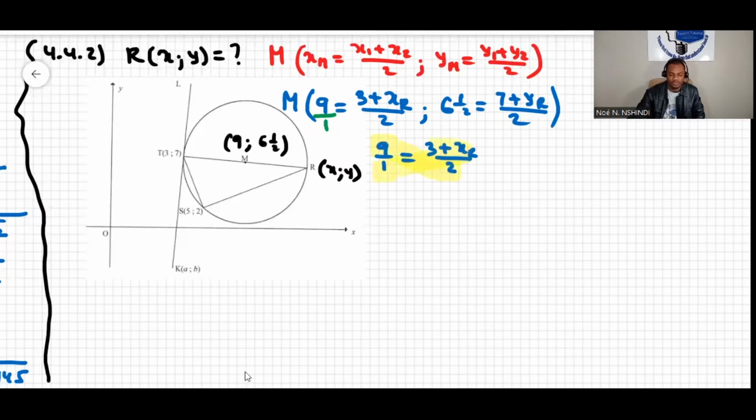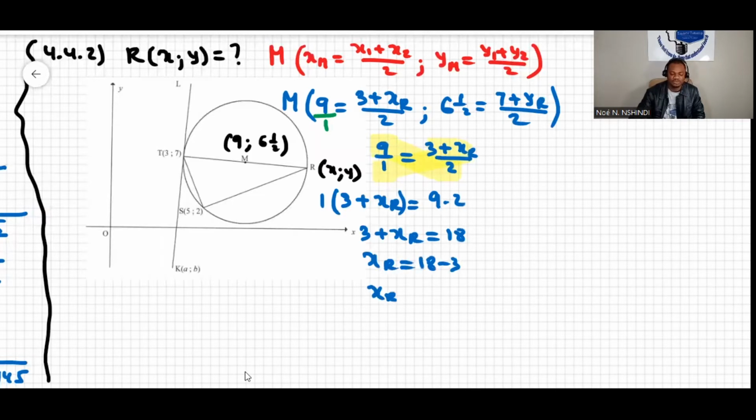So this will make what? 3 plus xr equal to 1 times... equal to 9 times 2. So that makes 3 plus xr equal to 18. If I move the 3 over, that would be xr equal to 18 minus 3, and then xr equal to 15. So I have xr.